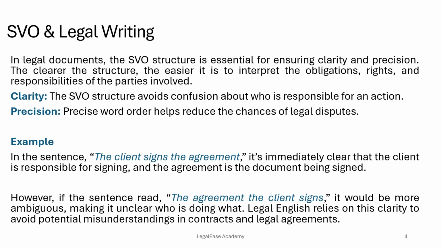However, by changing the word order, if we were to say, "the agreement the client signs," it would be more ambiguous or unclear, because essentially the agreement the client signs could be any agreement, whereas in the first sentence, "the client signs the agreement," it is much clearer exactly what the context of the situation is.